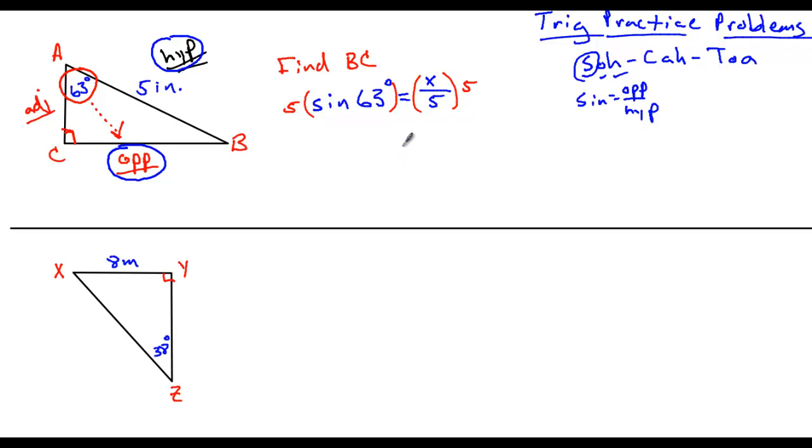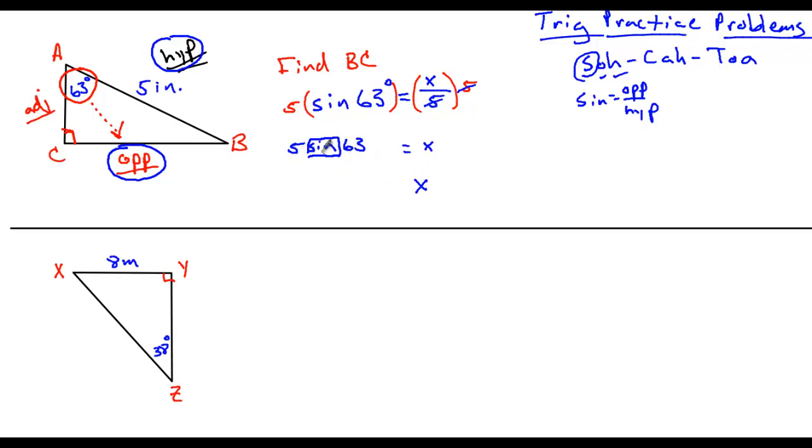Now, on the right side, that's easy peasy, right? Now I've got x equals. I'm almost done. But on the left side, I have 5 times sine 63. And that may look a little intimidating to you. But luckily for you, there's a button on your calculator that says this. So you literally just type it in your calculator just like this.